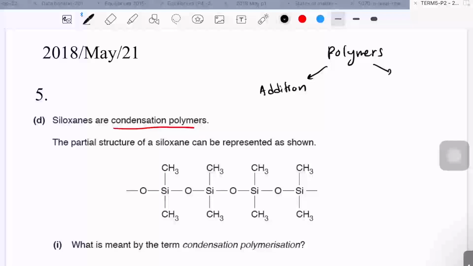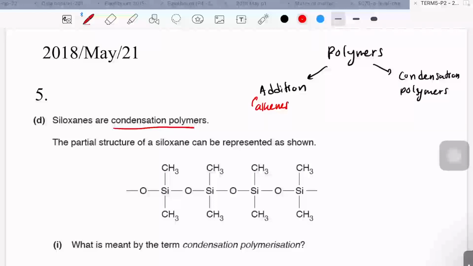The other one is condensation polymers. The name suggests addition polymers are formed by adding molecules. Alkenes form addition polymers. So these alkenes undergo addition polymerization. Alkenes have carbon-carbon double bonds.